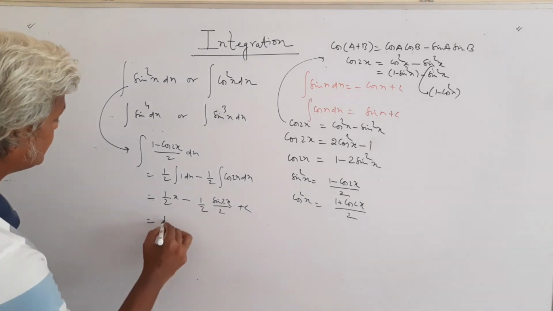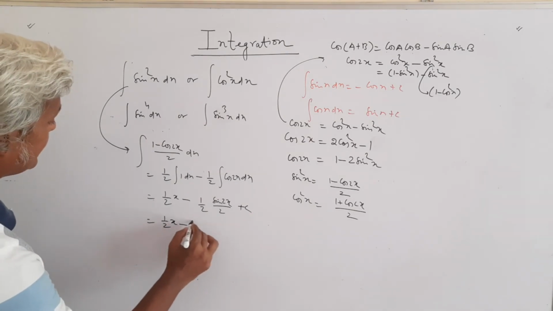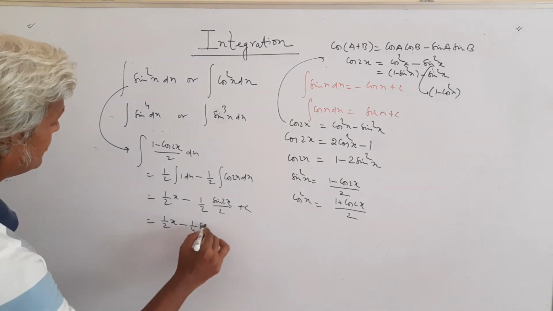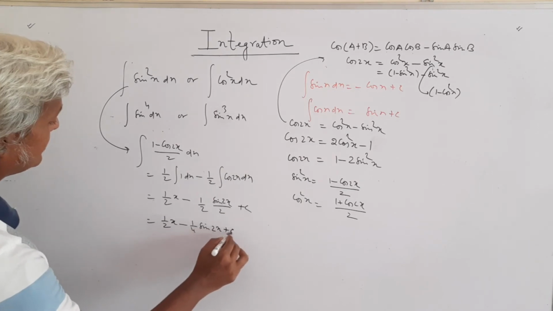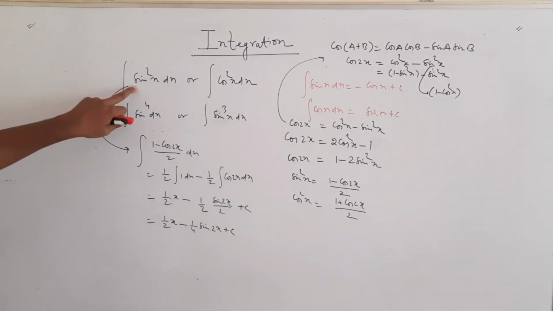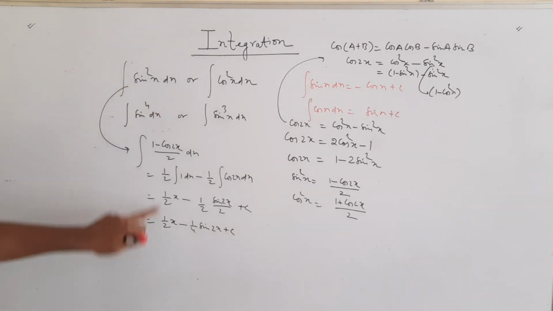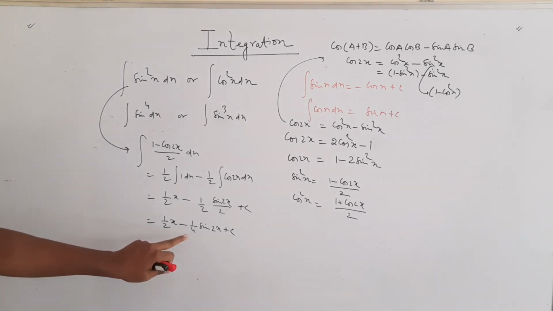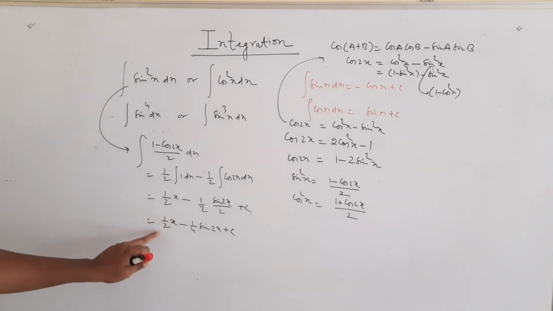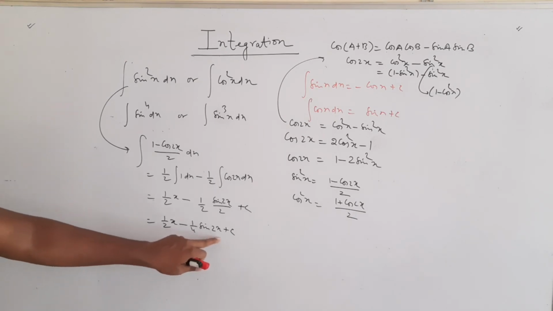So this becomes 1 by 2 x minus 1 by 4 sine 2x plus c. So the integration of sine square x dx is x by 2 minus 1 by 4 sine 2x plus c.